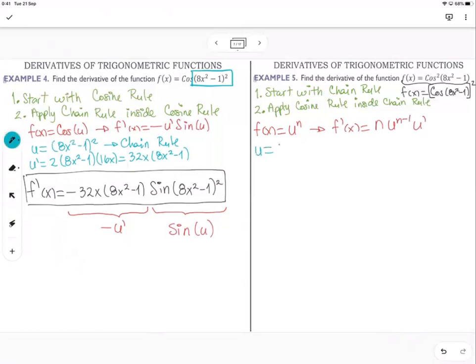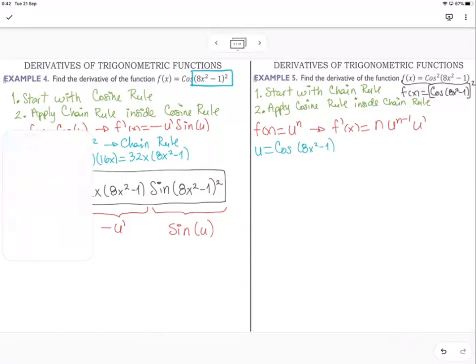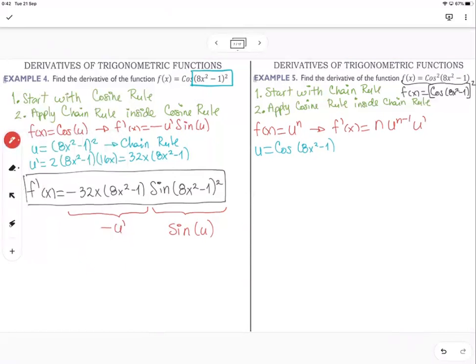So this is going to be cosine of 8x squared minus 1. And inside the chain rule, I will have to use the cosine rule. The cosine rule is, as we saw in example 4, just a moment ago, minus u prime sine of u.